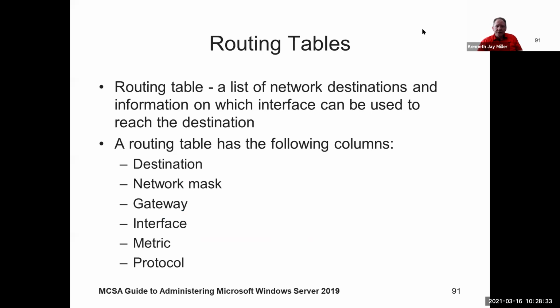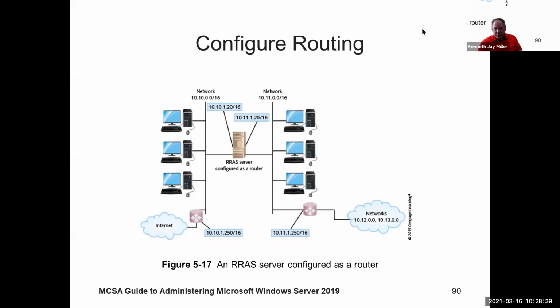So a router is going to build a routing table. Using its dynamic routing protocol, this router will know that this network card is on the 10.11.0.0 network, and this network card is on 10.10.0.0.